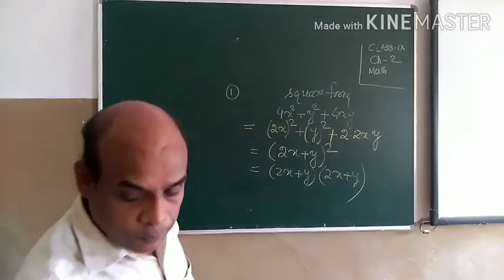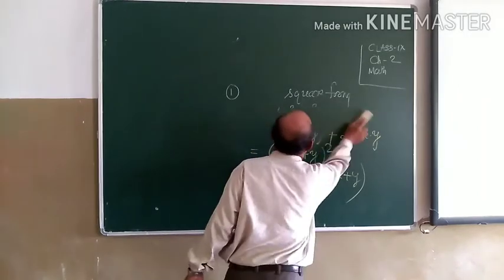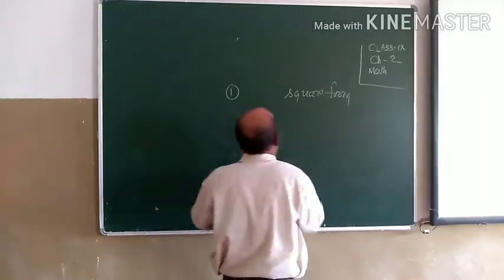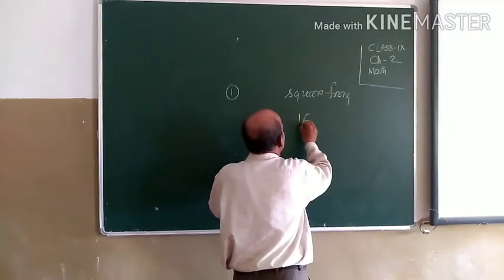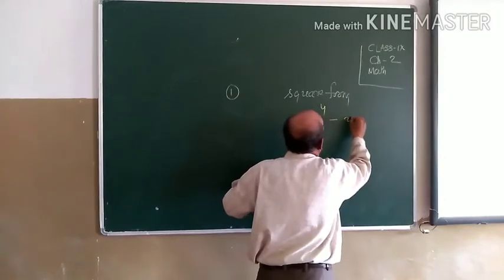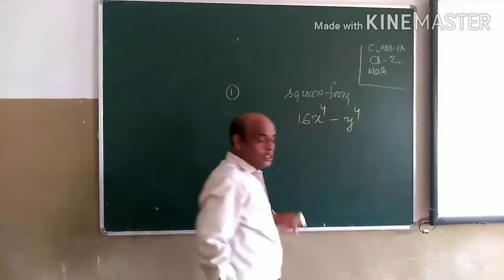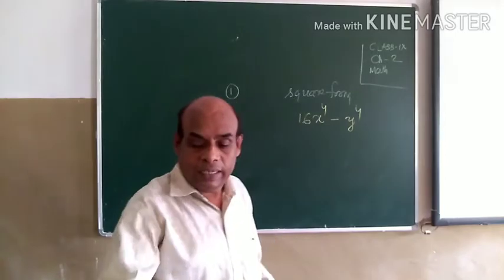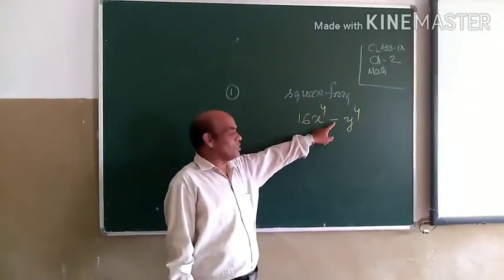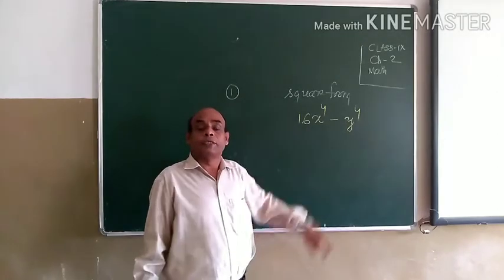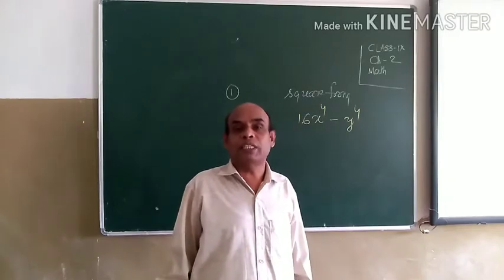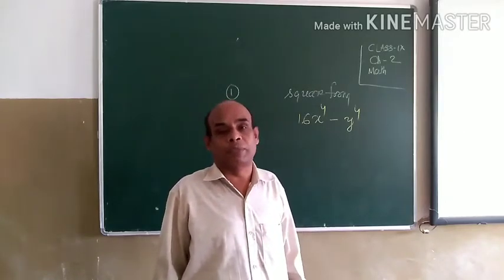Suppose the question is 16 x to the power 4 minus y to the power 4. This type of question is in the form of difference between two square polynomials.